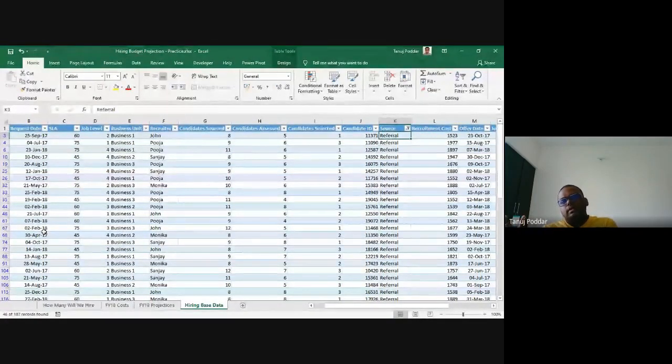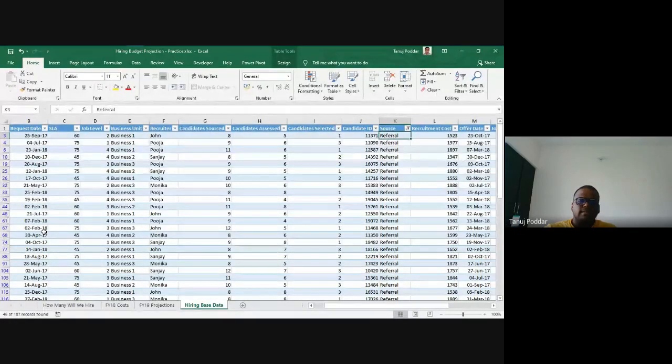And basis that, for the effort that the employee takes to find a person to help us hire, companies typically have some kind of a slab: if you get a person at this designation, or for this role, or for this location, or different criteria, then this is the amount that we will pay you, right?